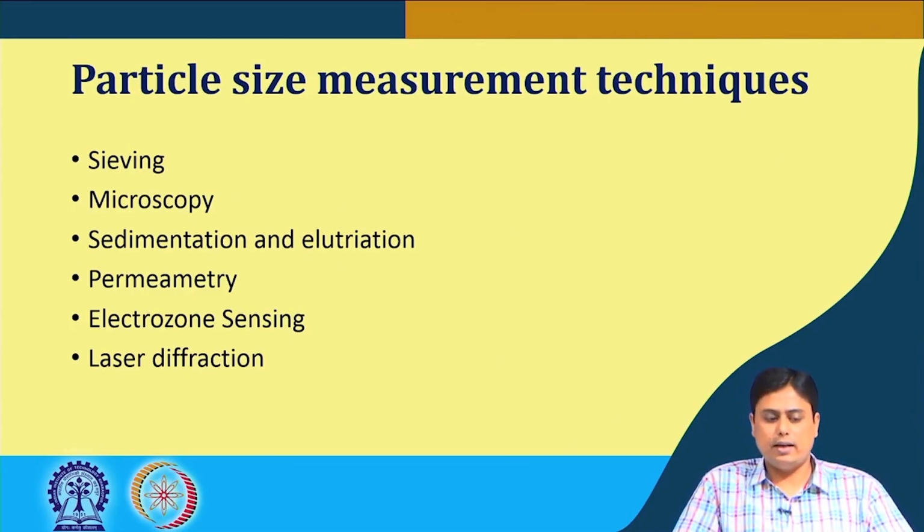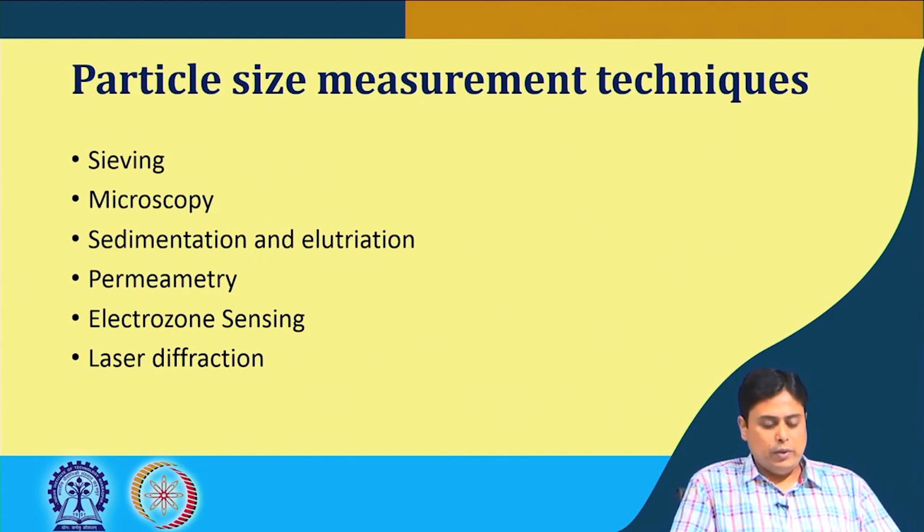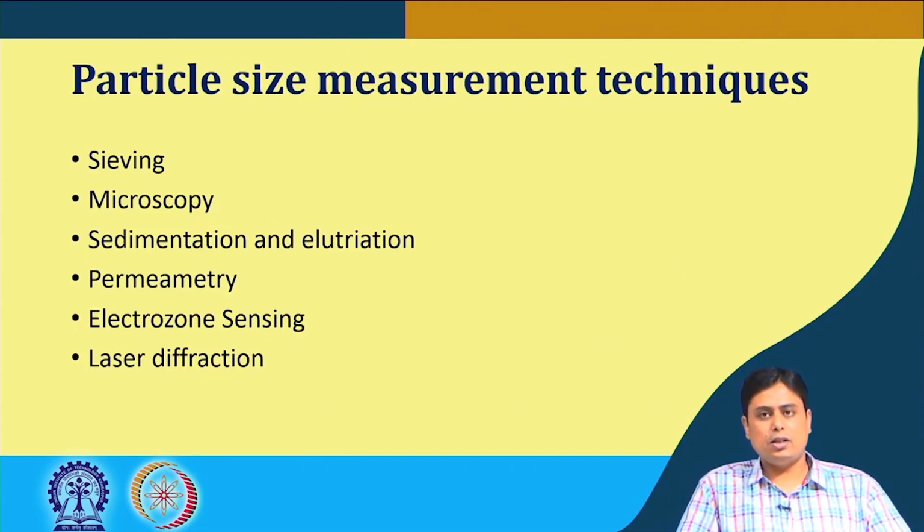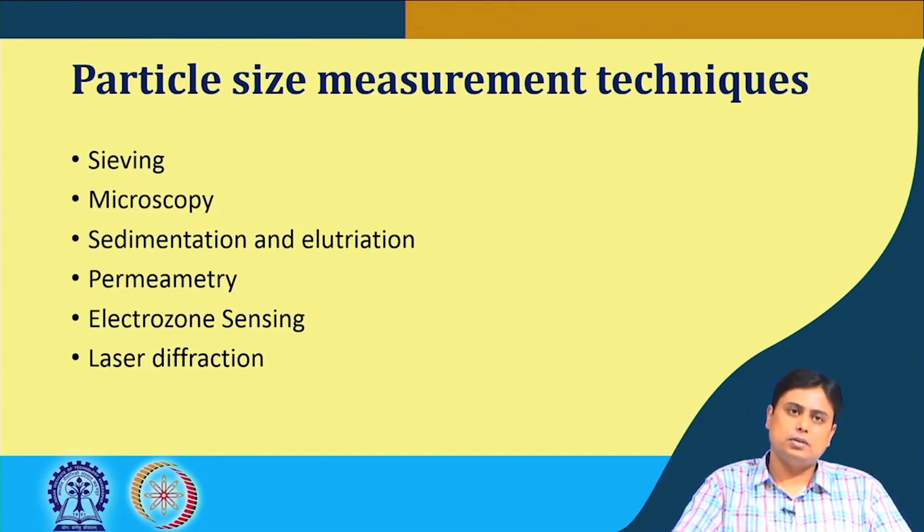There is no standard sieve that can help you identify a particle size below 50 micron. In that case, we have to go to either microscopy or sedimentation or permeametry methods or the other methods. Similarly, based on the particle range, we have to use our size measurement techniques, which will be covered in the next lecture. So, with this, I thank you for your kind attention and will interact with you in the next lecture. Thank you.